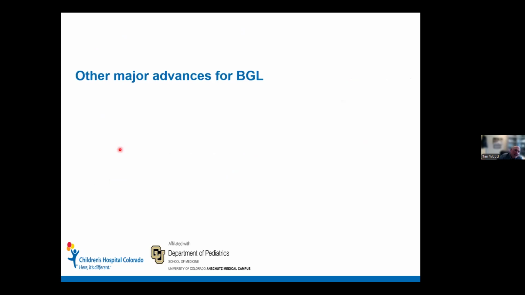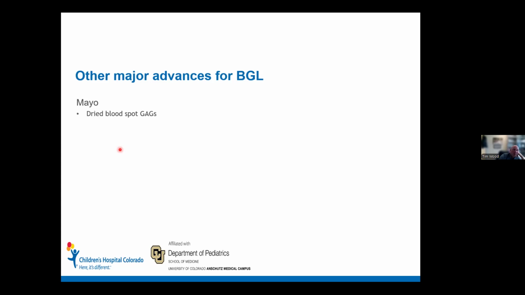In just a couple of slides to go, I wanted you to remember that while diagnostically biochemical genetics may not be as central as it used to be, there are some really cool advances going on, and really things that are changing individual fields or multiple fields.